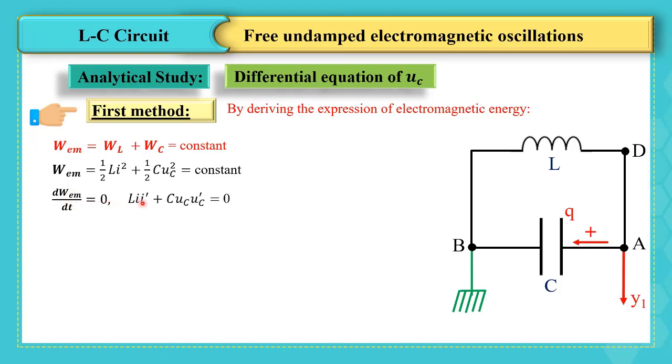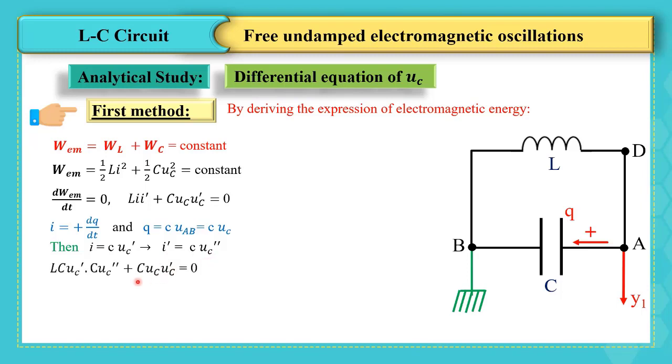So L i i prime plus C UC UC prime equals 0, and as we know i equals plus dQ by dt and Q equals C UAB, which is equal to C UC. So i will be equal to C UC prime and i prime will be equal to C UC double prime.